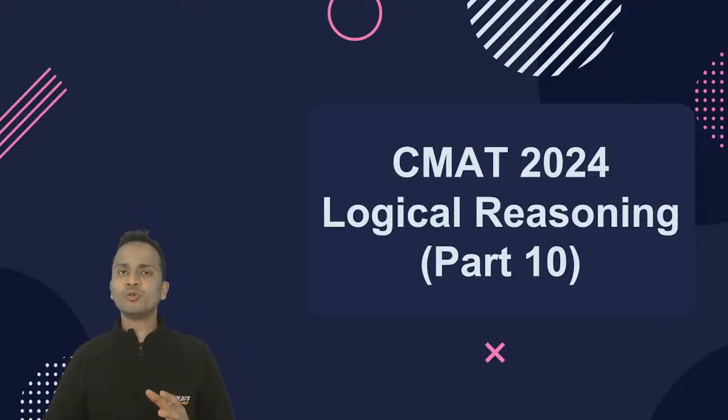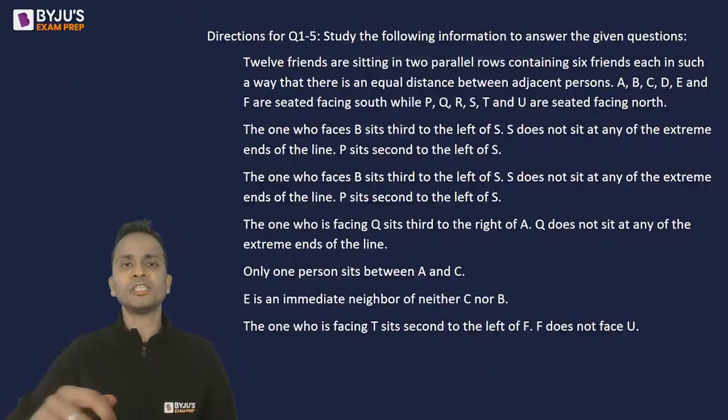I'll give you somewhere around 2 or 3 minutes, and in those 2 or 3 minutes you will have to make that arrangement. Once you are done, please post done in the chat box, after which I will take you to the questions one by one. All right, so let's begin with this session.